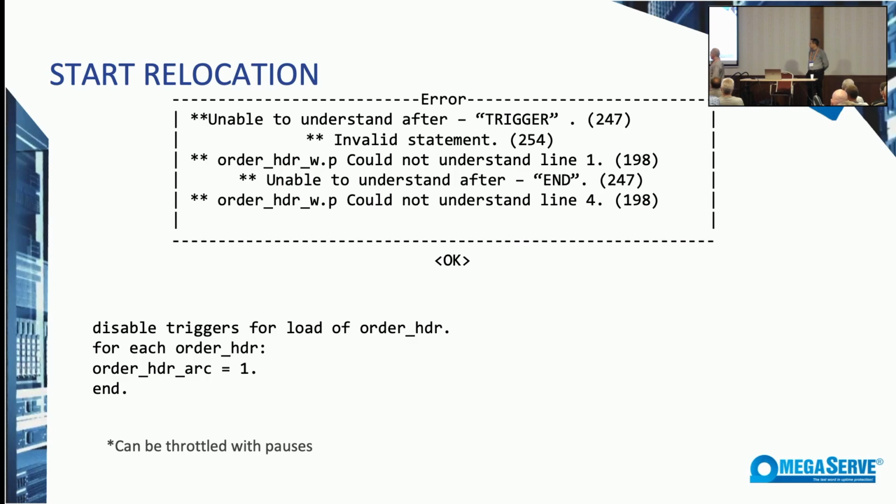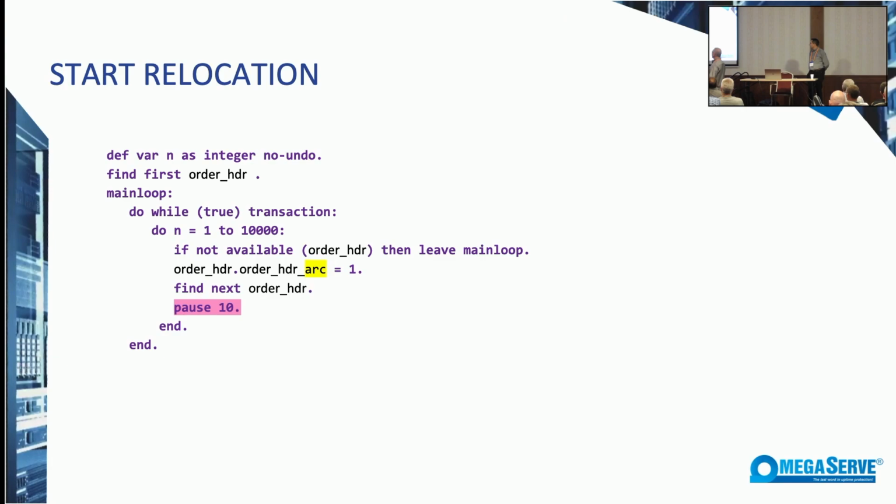It can be throttled with pauses. That's what we expected, because Mama said it will slow down the application. So that's how you prepare this: split it in chunks of 10,000, or whatever, 5,000, and introduce a little pause. 10 seconds is probably too much, because we're talking about a table with 10 gig worth of data, 10 million records.